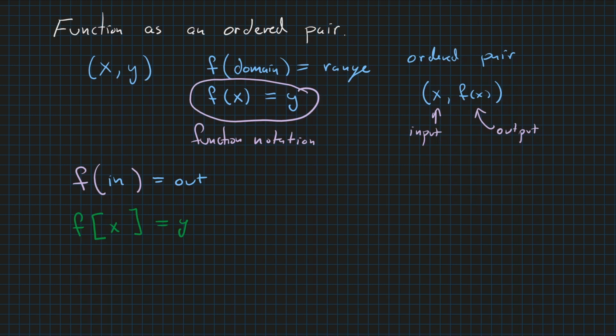Here, this is not multiplication. We'll be using parentheses because that is the notation our textbook uses. In some other contexts, some people do use square brackets, but the common notation is parentheses. I just find that talking about the square brackets helps you see that this is a little different and is really defining an in and out.